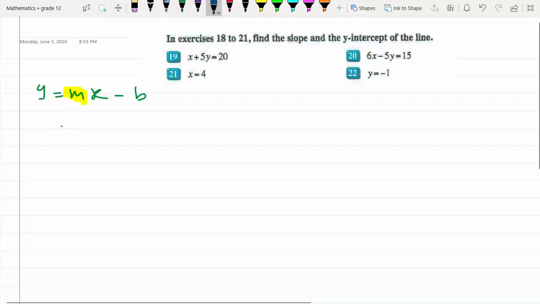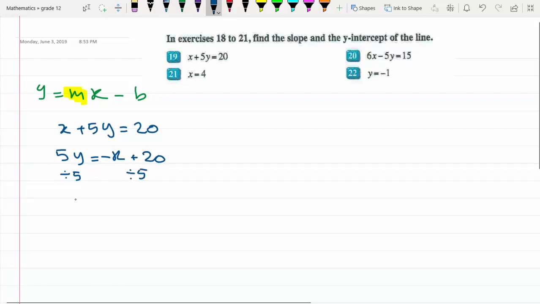To start, we have x plus 5y is equal to 20. To keep y alone on this side, we need to send the x to the other side. 5y is equal to negative x plus 20, because x is positive and this 20 is positive. Now to get rid of this 5, we divide both sides by 5.